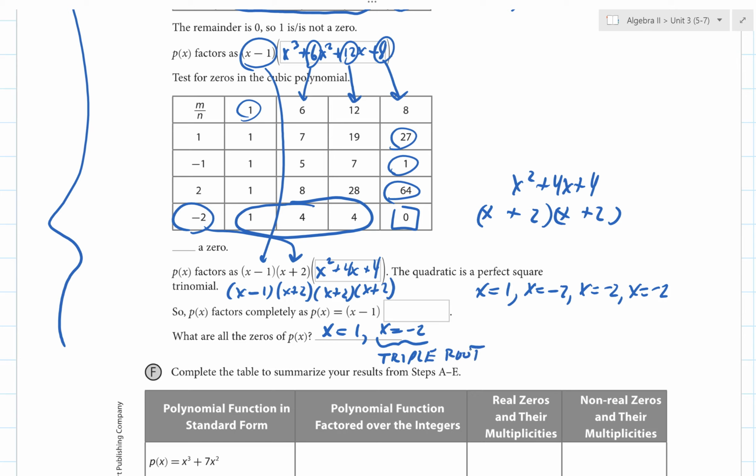And again, the reason why we do that is to show that we did actually find all 4 solutions. This original problem was a 4th degree polynomial, and we did find 4 solutions. It just happens that one of them is a triple root, so it occurred 3 times, and then the 4th one is then x equals 1. So we have one single and then a triple root. So that adds up to 4 roots total. Any questions?